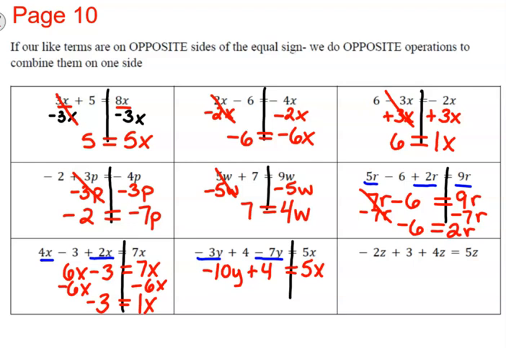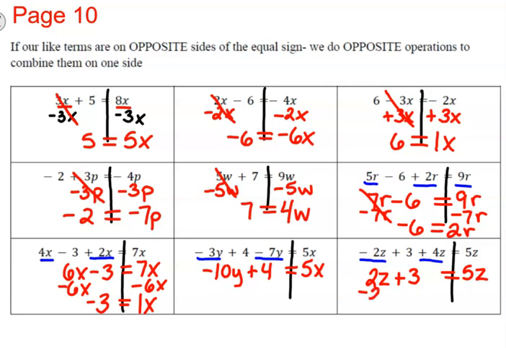If I look at the next box, again, here's my equal sign. If I'm looking for like terms, I have a negative 2z and a positive 4z. So negative 2 plus 4 is 2z, plus 3 is still there, and we are equal to 5z. And so now I have the like terms on opposite sides. This time they're both z's.